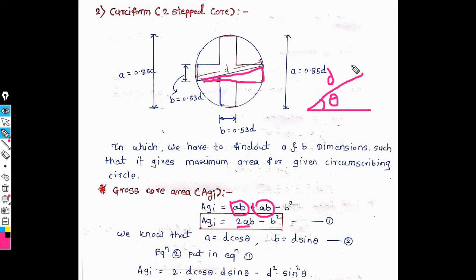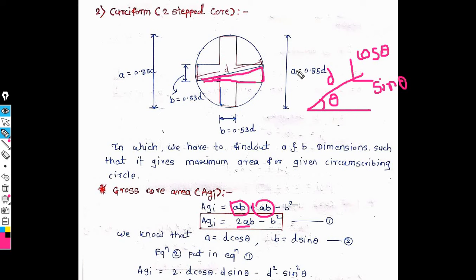This is the cos theta axis and this is the sin theta axis. Now find the angle.